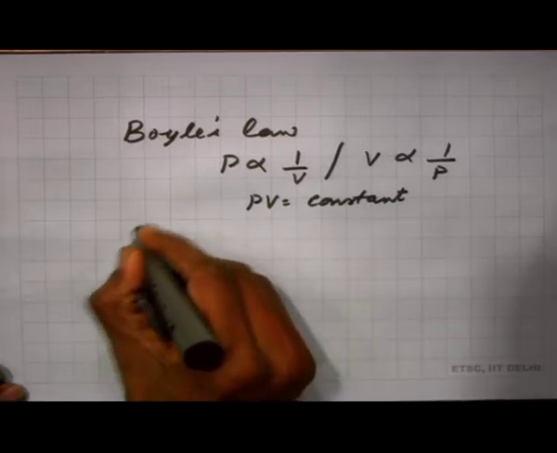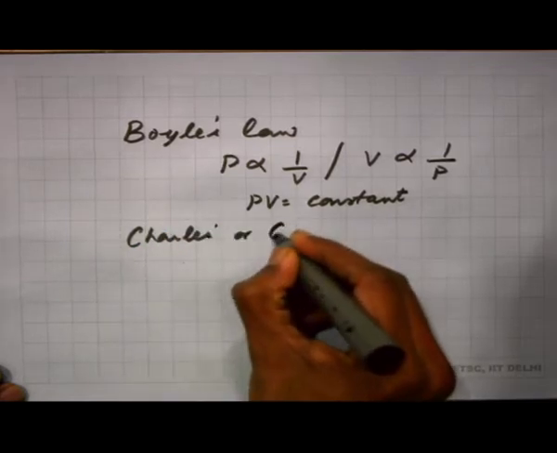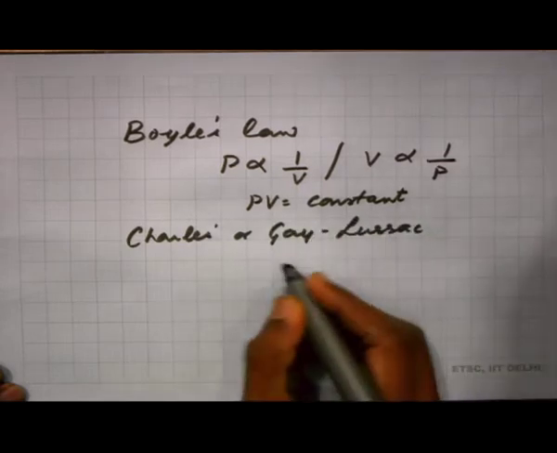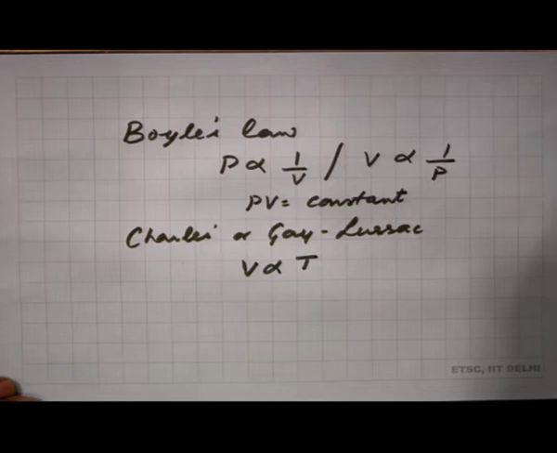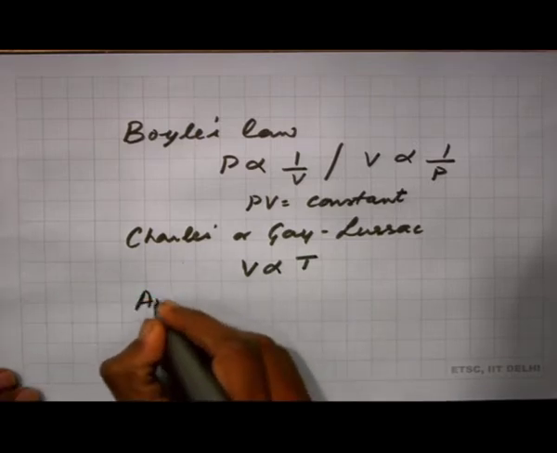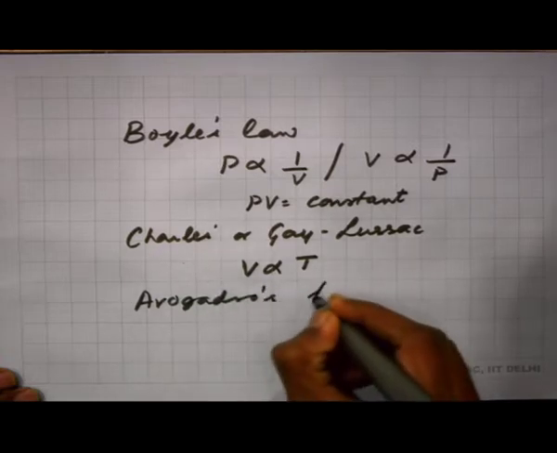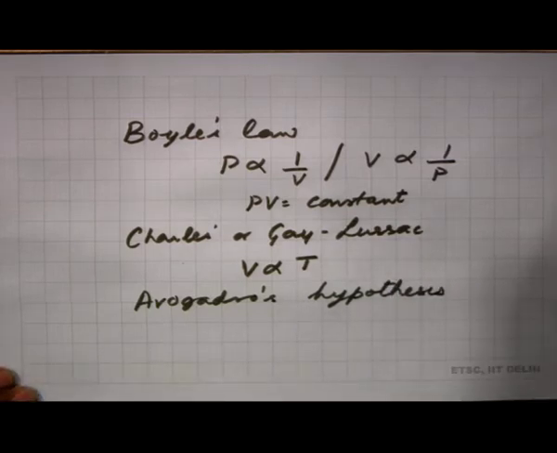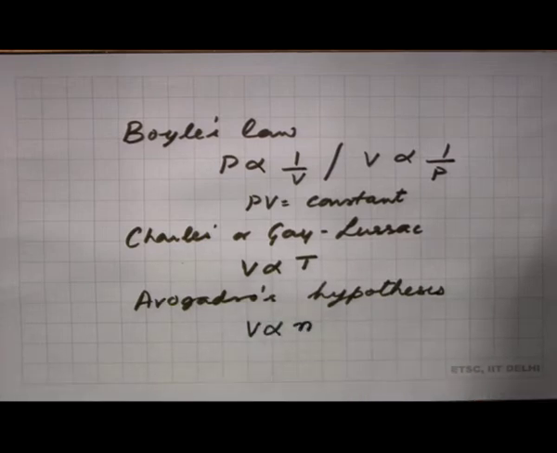We also looked at Charles or Gay-Lussac's law, which relates volume to temperature, and we also talked about the Avogadro hypothesis, which relates volume to the number of molecules that are present.